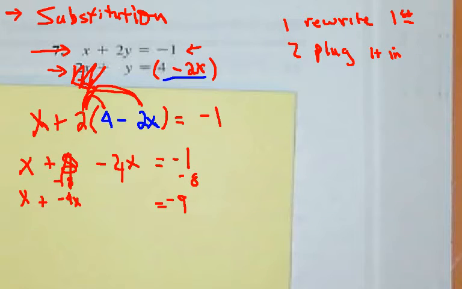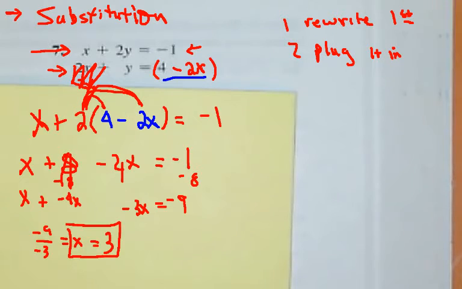Well, what is that? x plus negative 4x, that's negative 3x. Lo and behold, I can divide negative 9 divided by negative 3. That's what x is, right? I know negative divided by negative is positive, so x is 3.